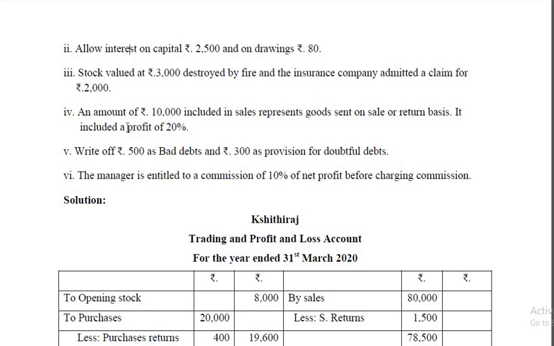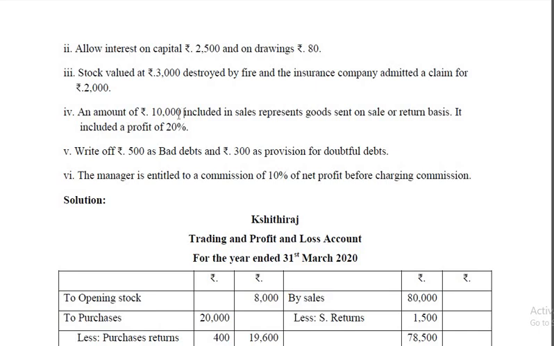So this will be the ultimate effect of those two entries. Treatment is trading account is credited by 3,000, the total value of goods destroyed. Net loss to the profit and loss account is 1,000. And 2,000 will come to the asset side of the balance sheet as amount due by insurance company.